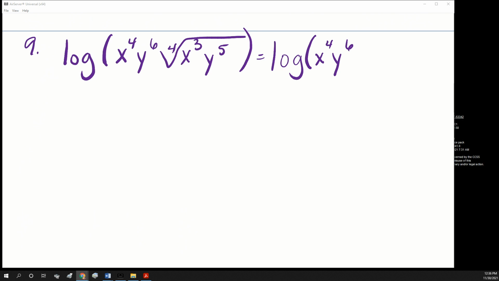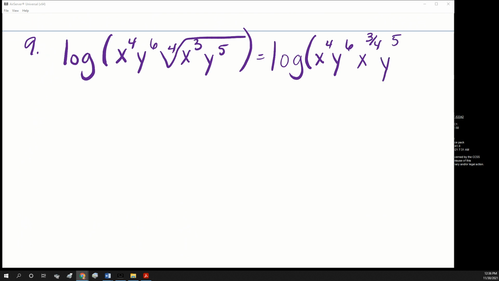Okay, so if I have the 4th root of something cubed, what would that power be? 3/4. So whatever the index is, the type of root goes in the denominator, and then the power is going to go in the numerator. All right, and then same thing for the 4th root of y to the 5th.